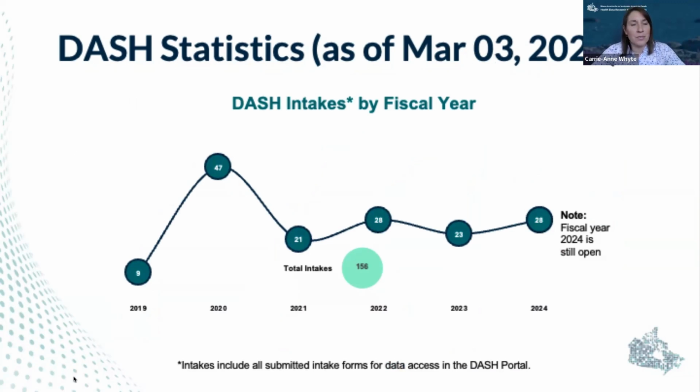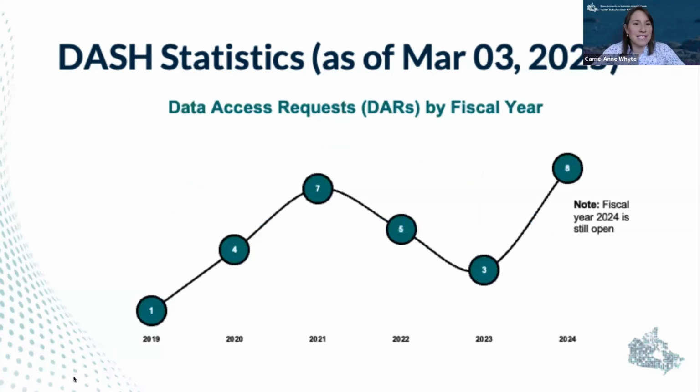And we also support, next slide, please, around 5 to 6 data access requests each year. So this is supporting a project through its life cycle, from the very beginning stages of exploring what type of research project and data requirements the researcher is interested in, providing feasibility assessments and cost estimates, all the way to the end where we provide support for analysis.